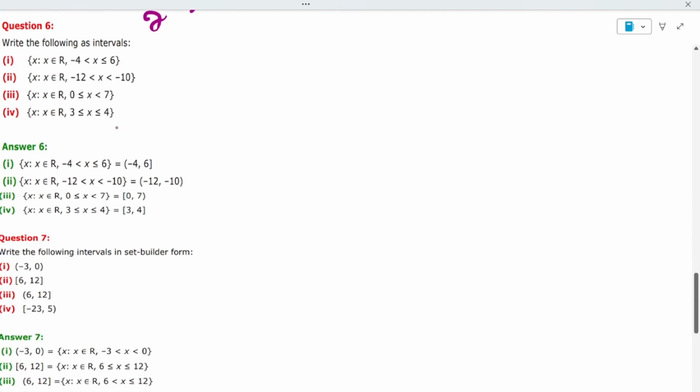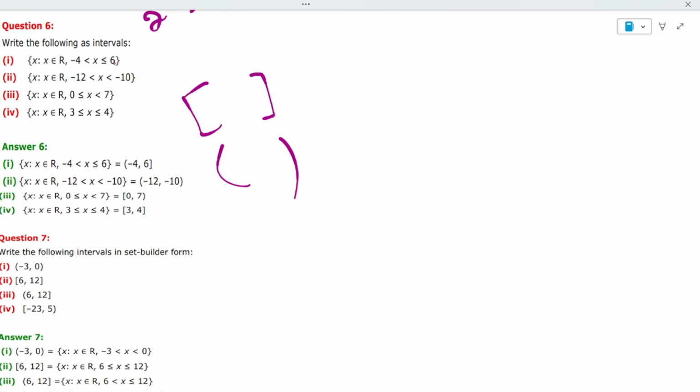Now let's go on to the sixth question. Write down the following as intervals. Intervals means we write with curly braces, square braces, or parentheses. Now see the first question, and we'll understand this type of interval questions. x belongs to R, minus 4 less than x less than or equal to 6, they have given.